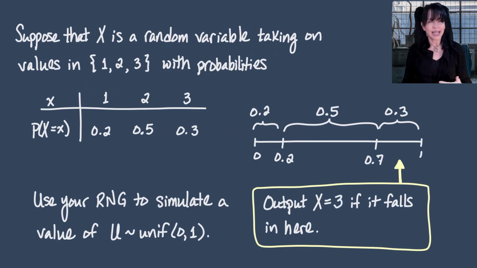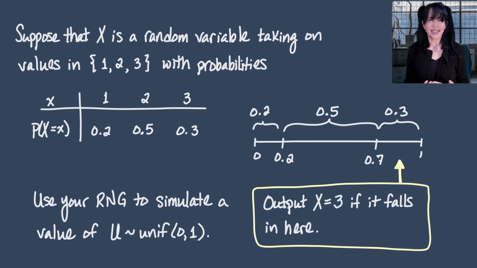This way, you're going to get an output of 1 20% of the time, 2 50% of the time, and 3 30% of the time. Get a new uniform, repeat the process, get a new uniform, repeat the process. You're going to get a list of 1s and 2s and 3s in the right proportions, and that's how we can simulate values from this distribution given by this table over here.